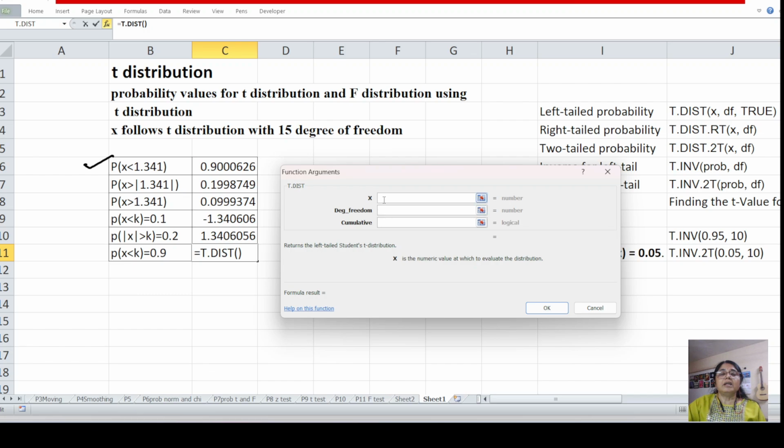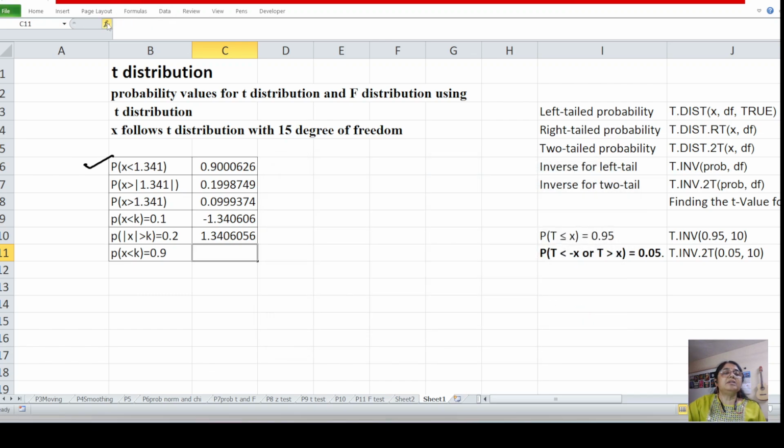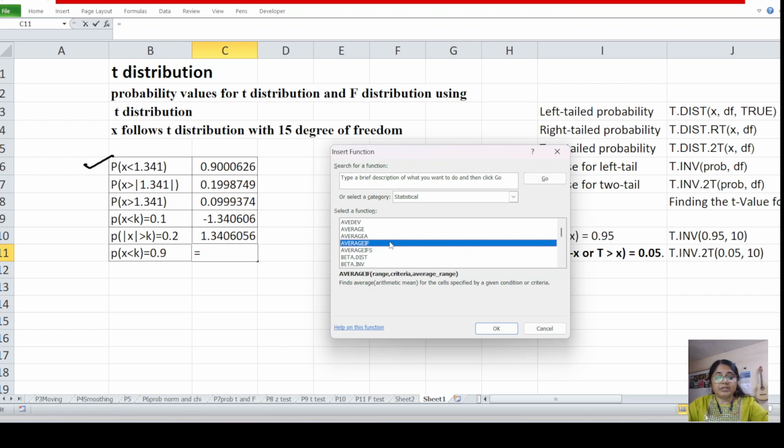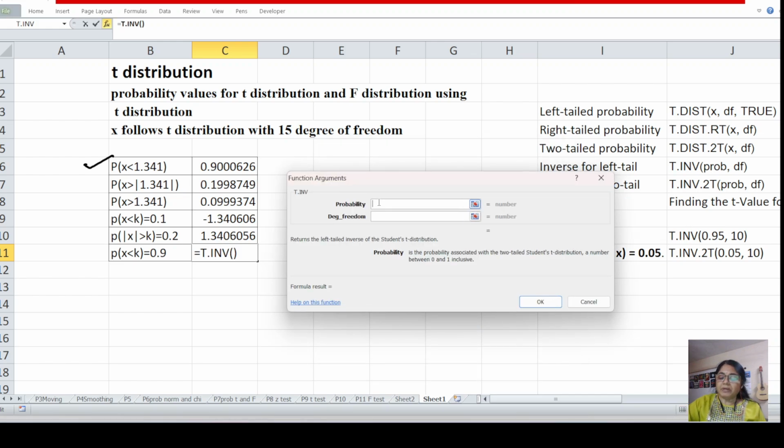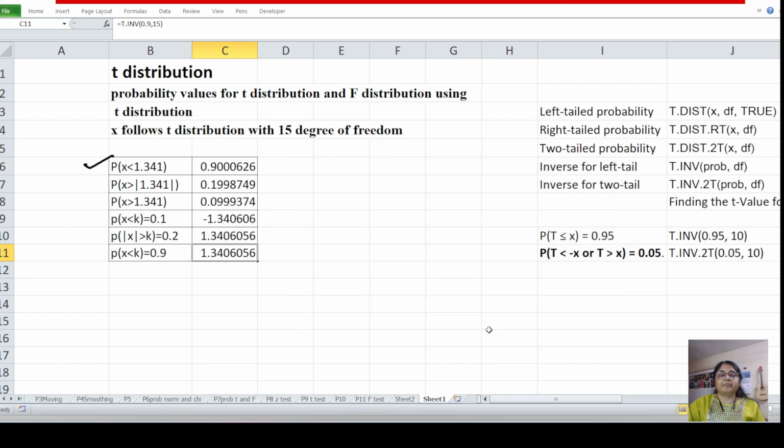Sorry, cancel, it is inverse we have to select, t dot inv. The probability is 0.9 here, so the value will come positive because the probability is more than 0.5, and the degrees of freedom is again 15, click OK.